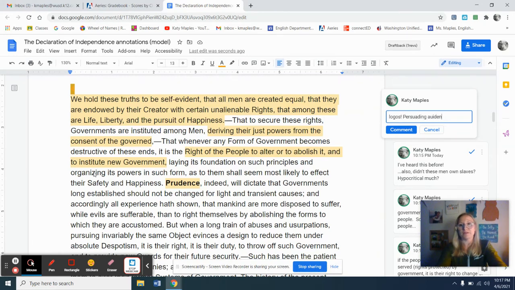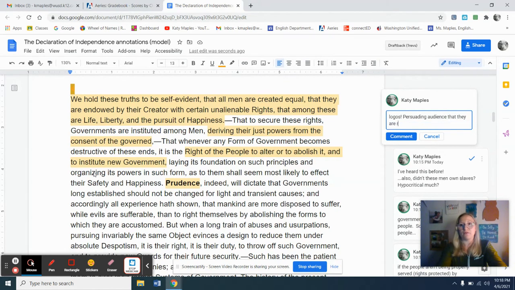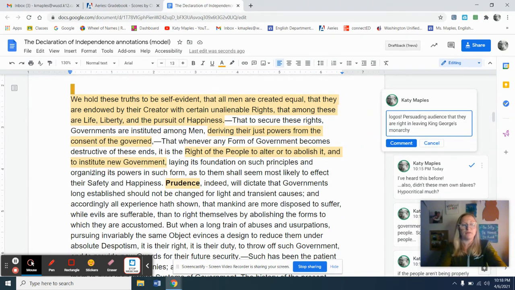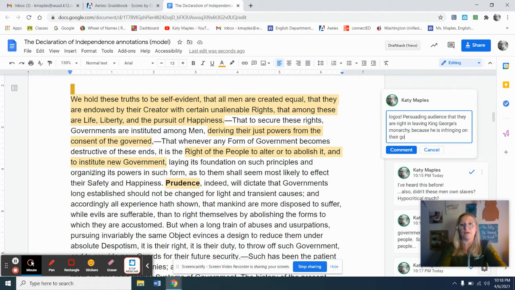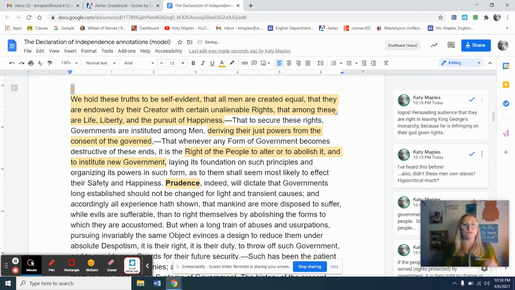Persuading the audience that they are right in leaving King George's monarchy because he is infringing on their God-given rights. So I think it's a logical argument, but I think you can also mark a couple other things.